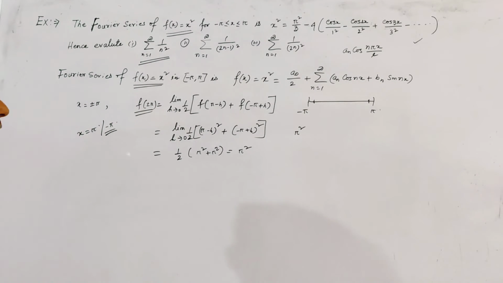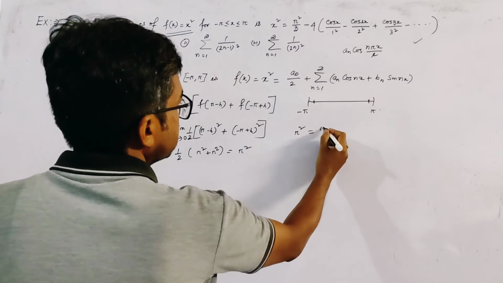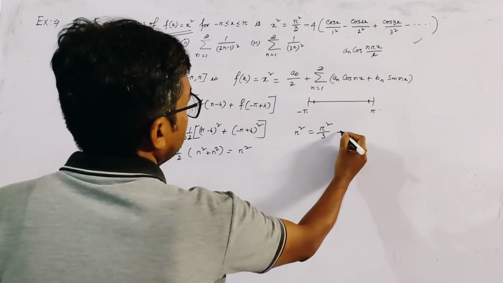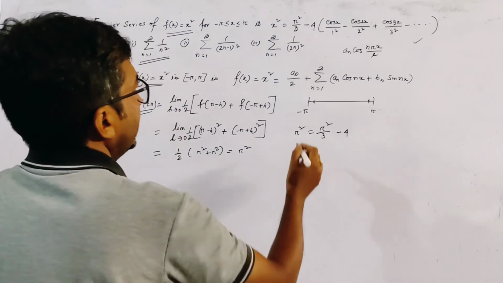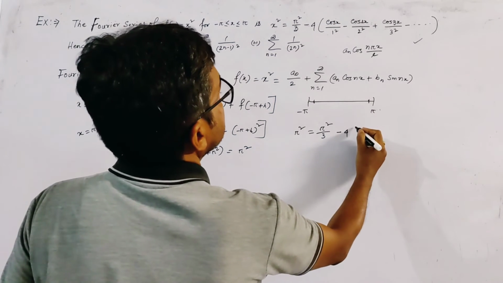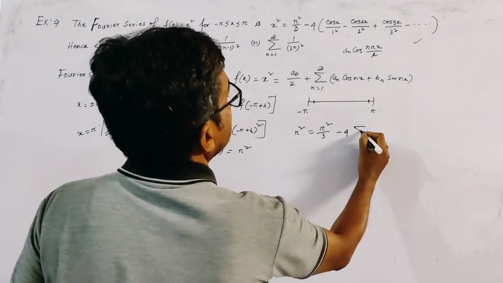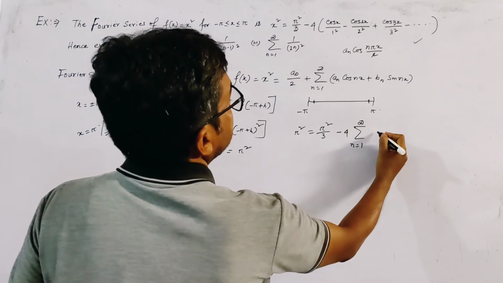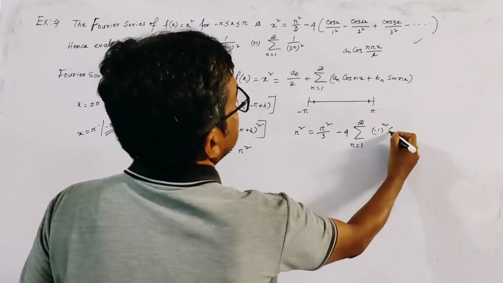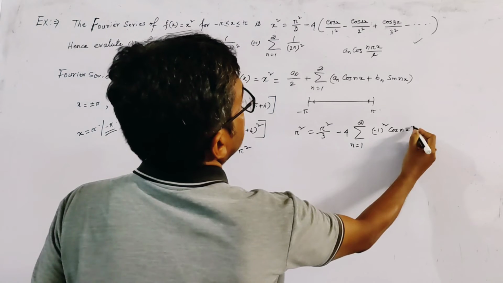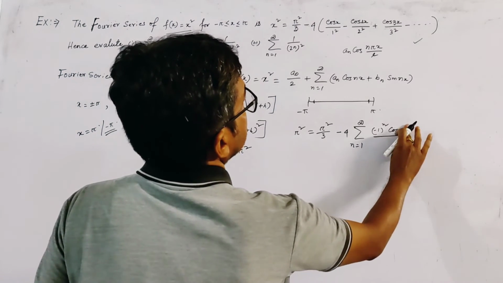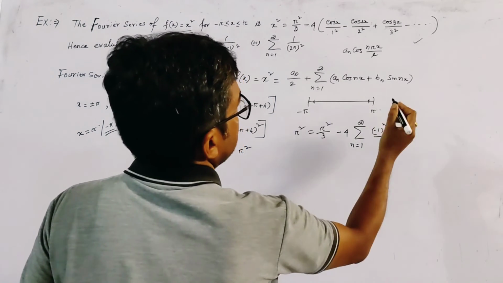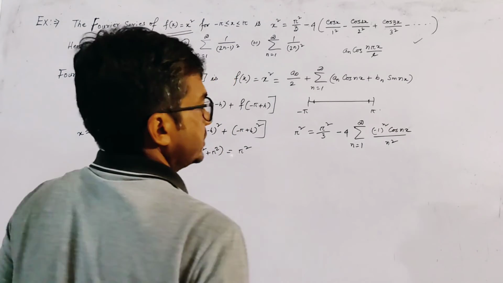The right side result is pi square by 3 minus 4 into, we write this in compact form, summation n equal to 1 to infinity of minus 1 to the power n cos nx by n square.